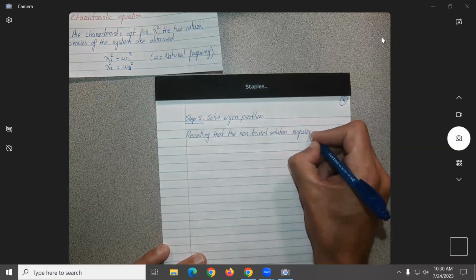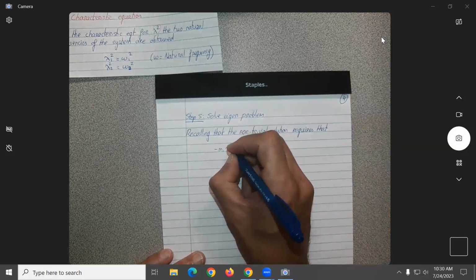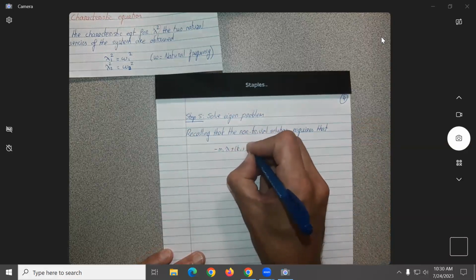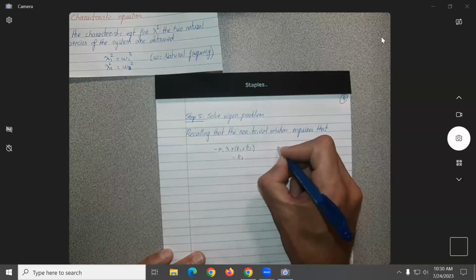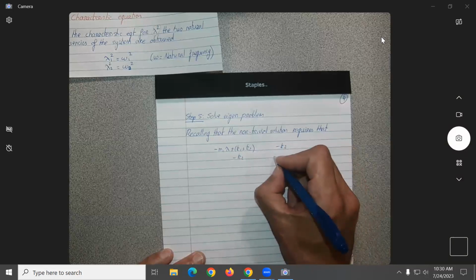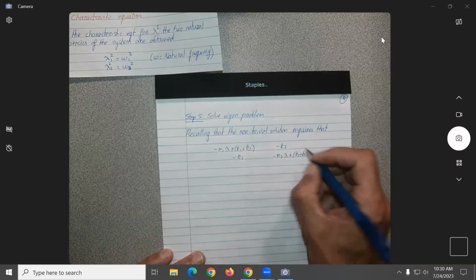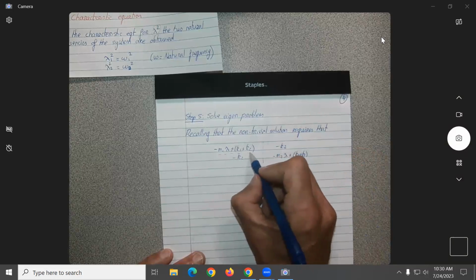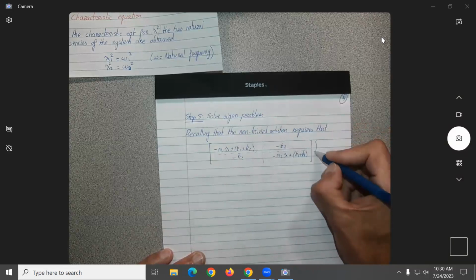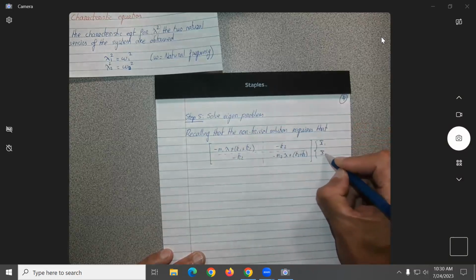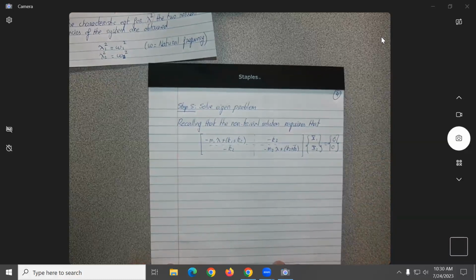Solution requires that the matrix [-M1 λ² + K1 + K2, -K2; -K2, -M2 λ² + K2 + K3] times [X1, X2] equal 0, no?